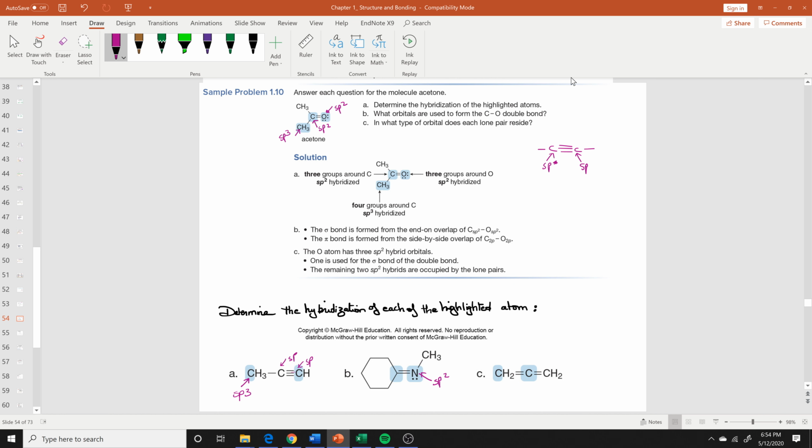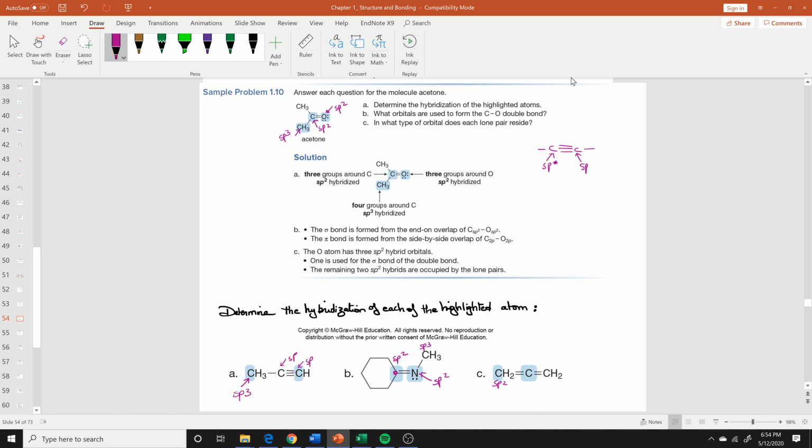This carbon over here has 3, 4 groups, so it is sp3 hybridized. I need 4 orbitals there. And this carbon has 1, 2, 3 groups, so again, it is sp2 hybridized. Again, carbons or any groups around the double bonds should be sp2 hybridized. So this here is going to be sp2, right?